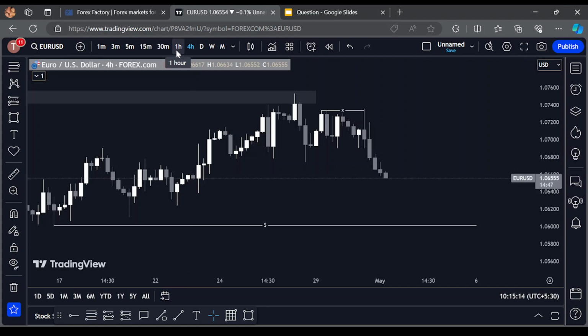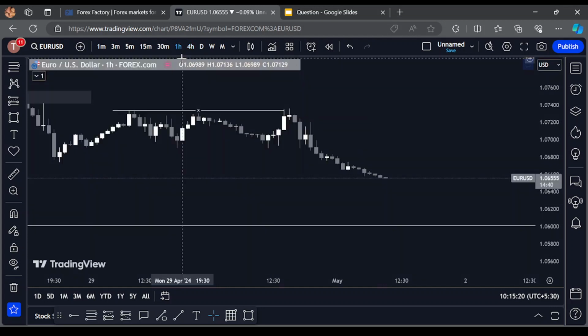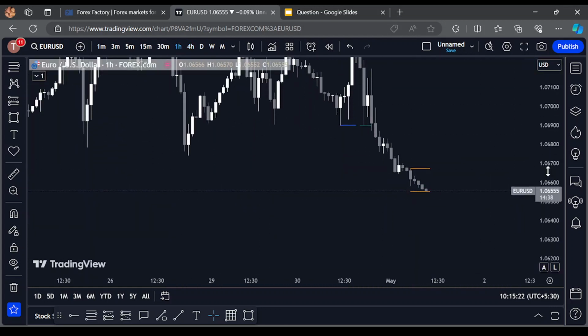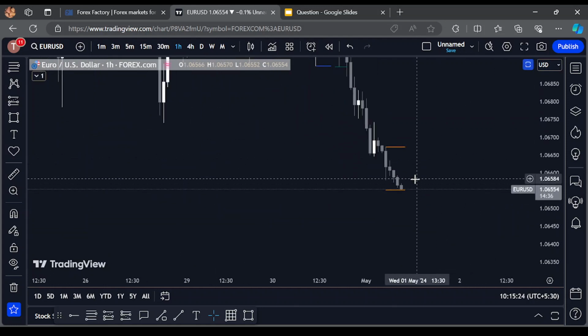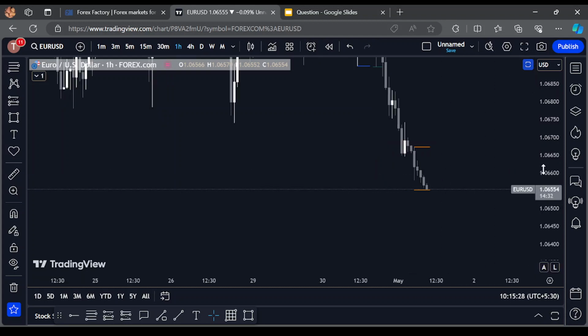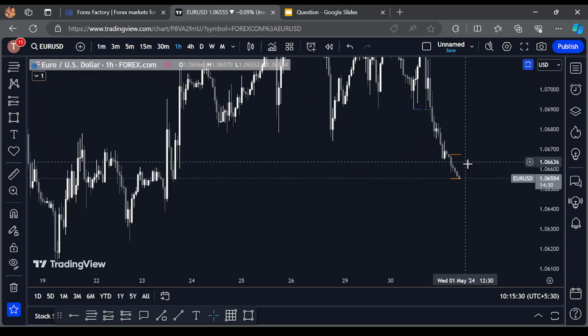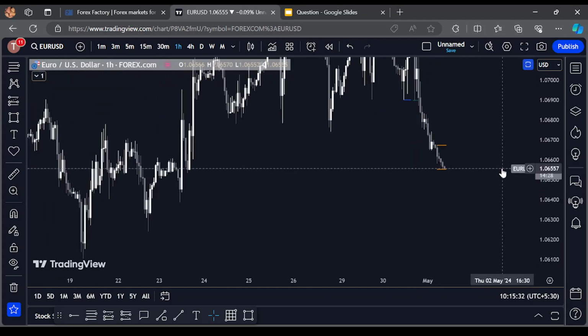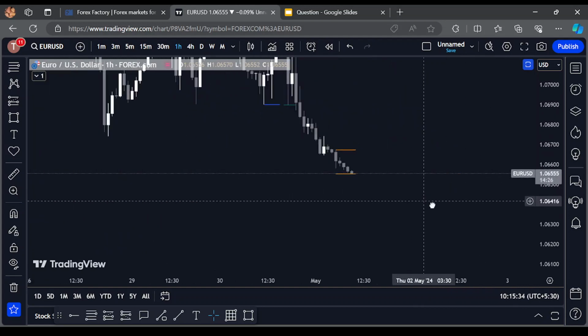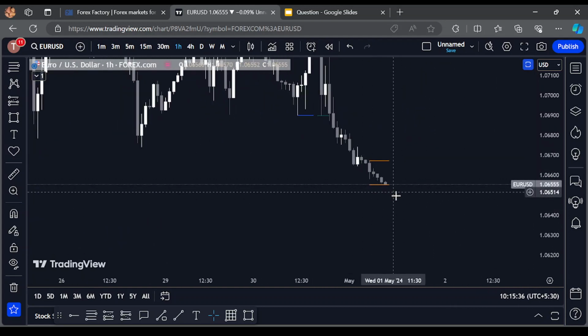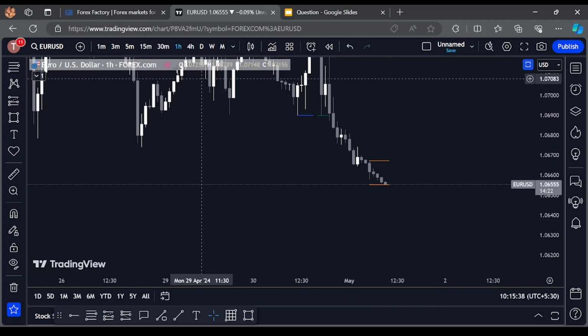So let's move to the 1 hour for a clear picture if we are having any slowdown signs in the smaller time frames. Into the 1 hour, we can see that the price is still closing below the sweeps in the market. So I'm still not anticipating the price to have any reaction point unless and until we are going to have a slowdown and then move into the upside direction.